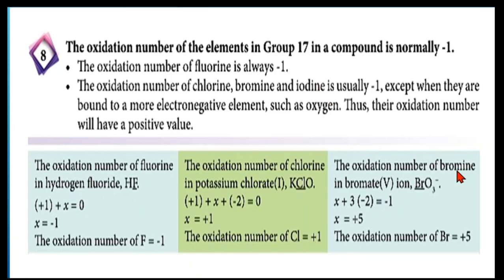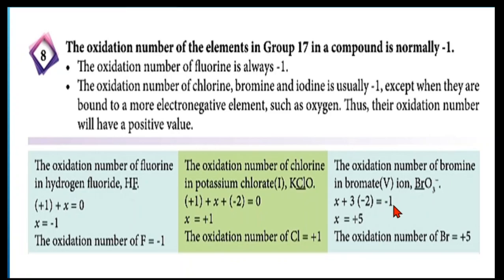Okay, we try for bromine. Oxidation number of bromine in bromate 5 ion, BrO3 negative. So bromine we don't know, so we put X plus this one is 3. Oxide is negative 2. This one equal to negative 1. Negative 1 ini kita ambil dari sini, charge keseluruhan ion tu.